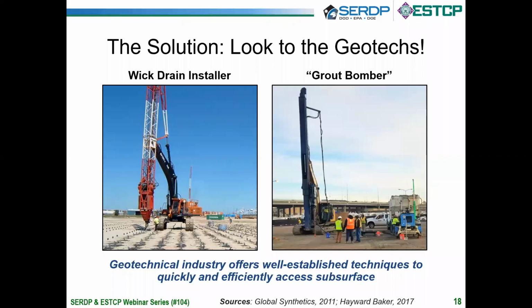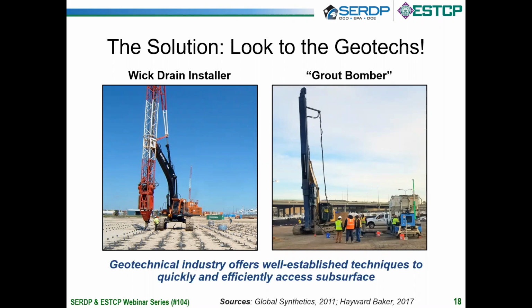The geotechnical industry offers a variety of well-established techniques for quickly and efficiently accessing the subsurface for the purposes of ground stabilization, foundation rehabilitation, pore water drainage, as well as structural support. It's the speed and efficiency of these techniques that's advantageous to the environmental field, particularly for the emplacement of remedial amendments.